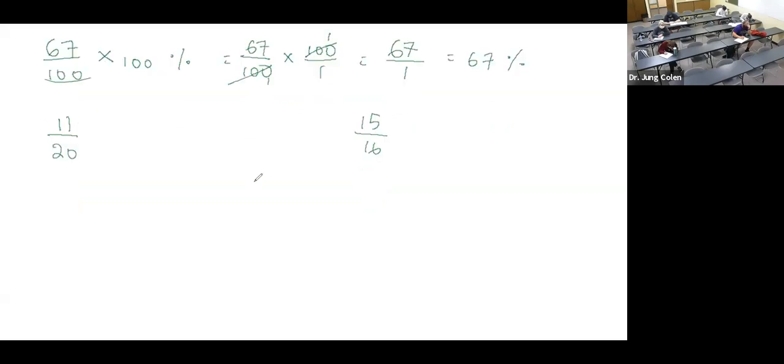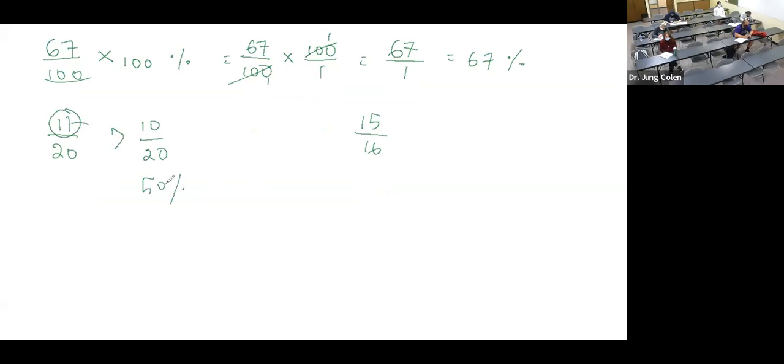You can also use your number sense to check your answer. Taking a look at 11 over 20, it's very close to half, right? It's very close to 10 over 20. So if your answer is very close to 50%, actually it has to be a little bit more than 50% because 11 is more than 10, right? 10 over 20 is a half, which is 50%.